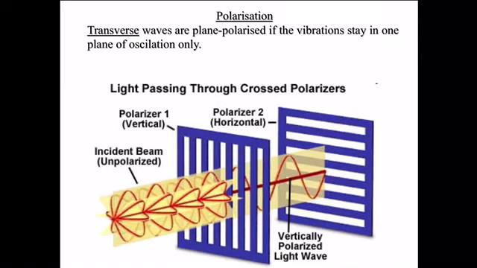So transverse waves are plane polarized if the vibration stays in one plane of oscillation, and longitudinal waves cannot be polarized. You might think this is important since I mentioned it 4 times now and had 3 different slides on it. Okay, that's a polarizer actually working. That's a piece of Polaroid. The red light is laser light, which is by definition polarized.